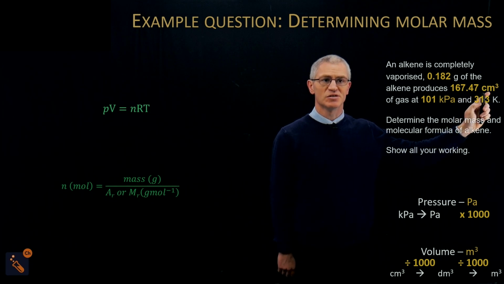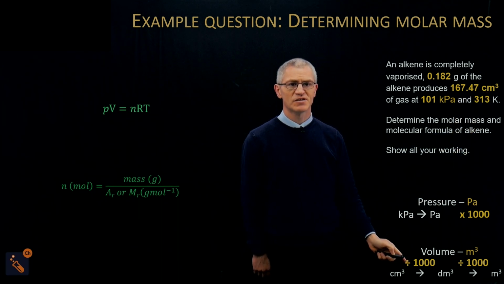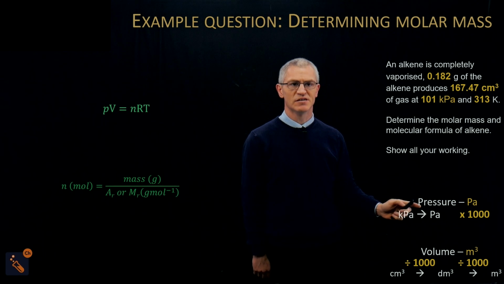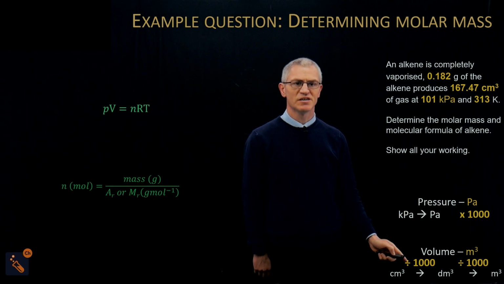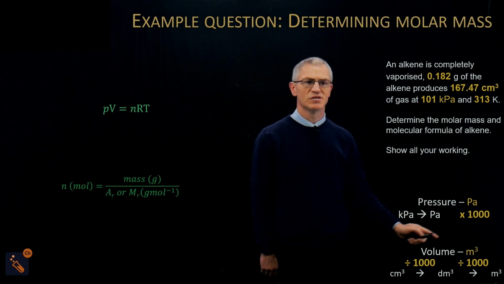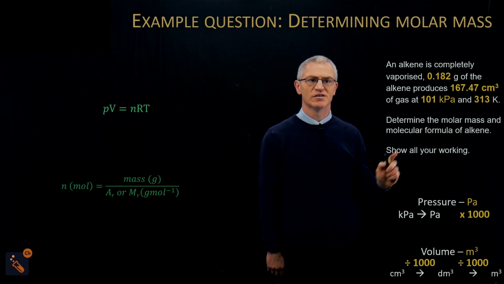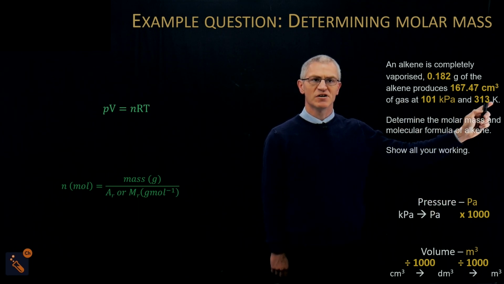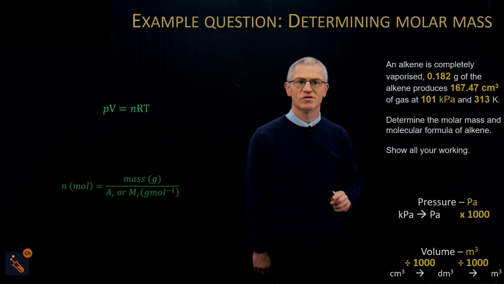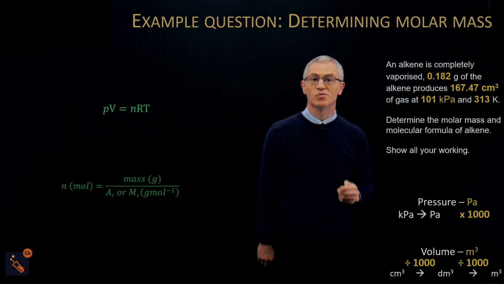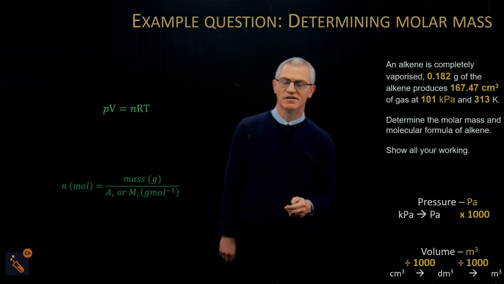I've highlighted the centimetres cubed, and I've left the conversion down here. So you can see that we're going to need to convert centimetres cubed into metres cubed, and we're going to need to convert kilopascals into pascals. Now, I haven't highlighted the K because it's already in Kelvin. We do need to use that number though, 313, which is the temperature, but we don't need to convert because it's already in Kelvin.